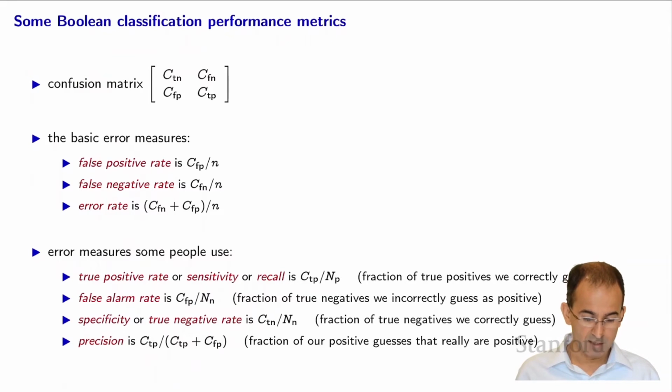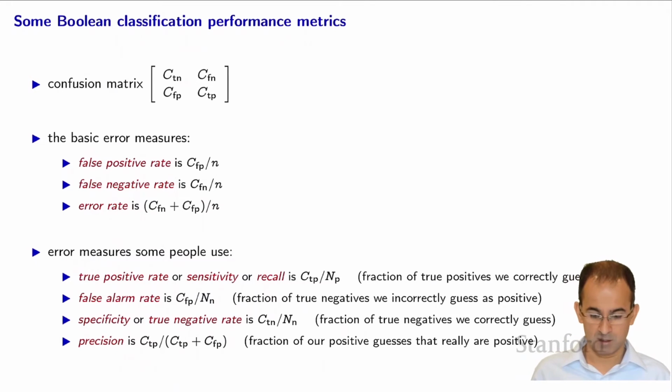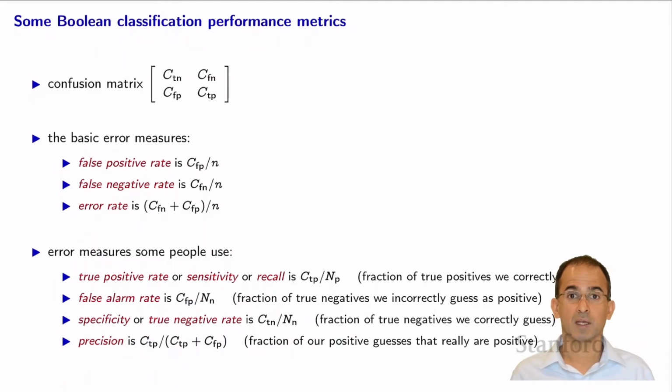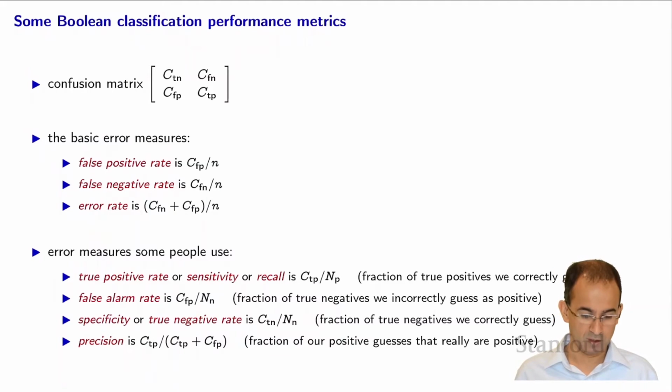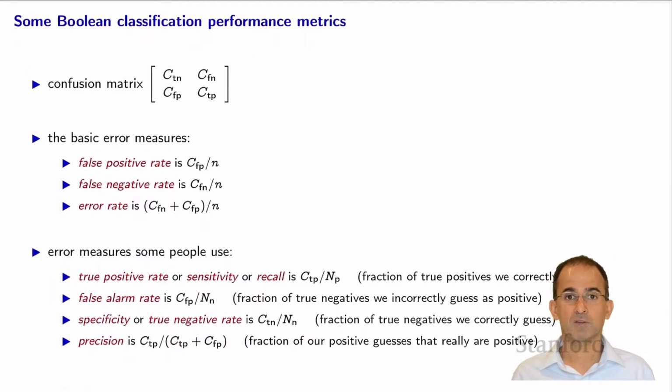The false alarm rate is CFP over n sub n, the fraction of true negatives we incorrectly guess as positive. There's the specificity, or the true negative rate, which is CTN over n sub n, the fraction of true negatives that we correctly guess. And there's the precision, which is CTP over CTP plus CFP, which is the fraction of our positive guesses that really are positive.